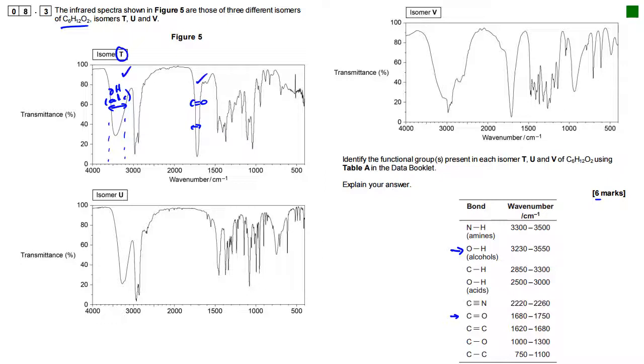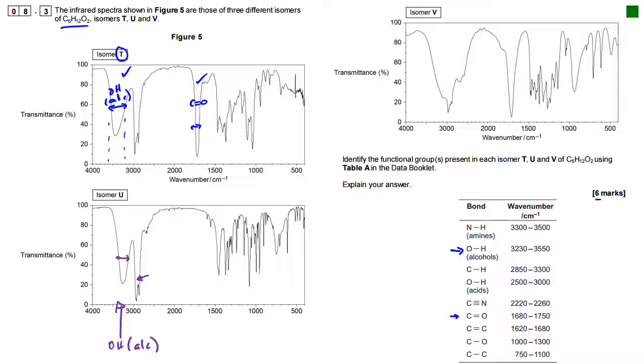So moving on, let's do isomer U next, shall we? For isomer U, we have this peak here, which is also the OH group of an alcohol. Right, so let's write OH alcohol down. Let's not get confused about this peak here.